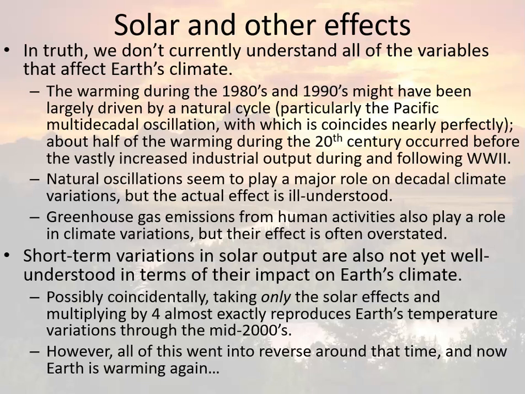Instead, they've done the opposite, whereas the people who believed that global warming was primarily due to human activities predicted that during the 20-teens, temperatures would just continue to get warmer, that this period of leveling off during the 2000s would go away and temperatures would start to increase again.